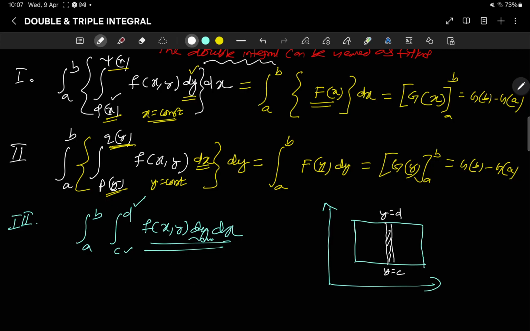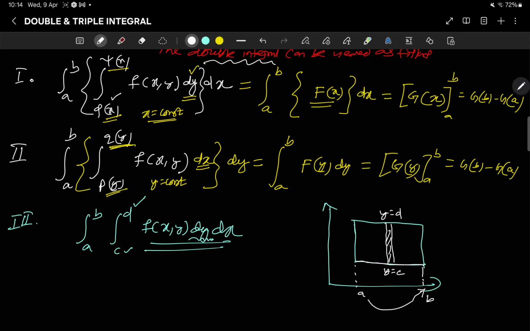So this is c to d. Then this vertical strip slides from this point a to b. So the vertical strip goes from y equals c to y equals d, and it slides horizontally from this initial point to this terminal point, a to b.